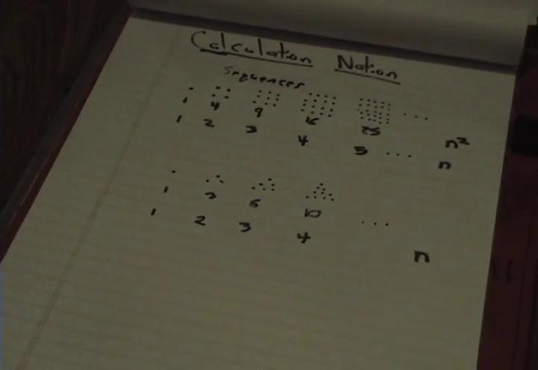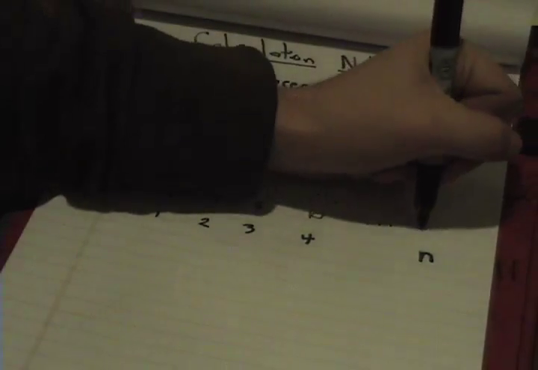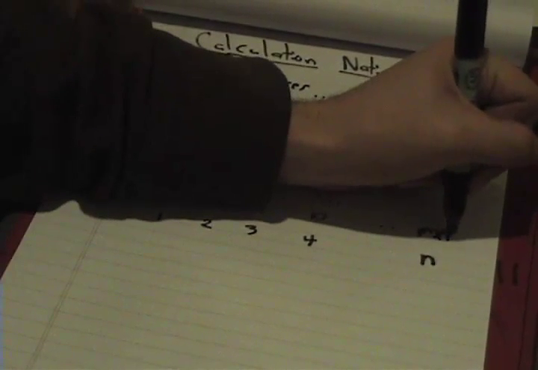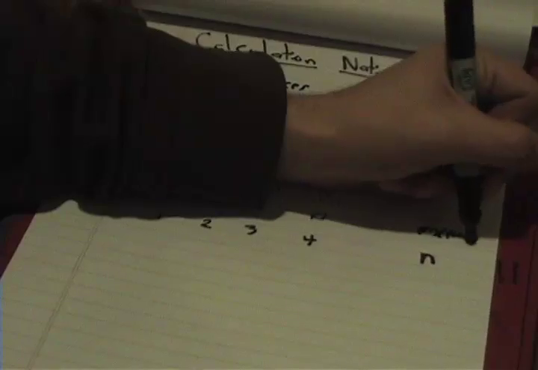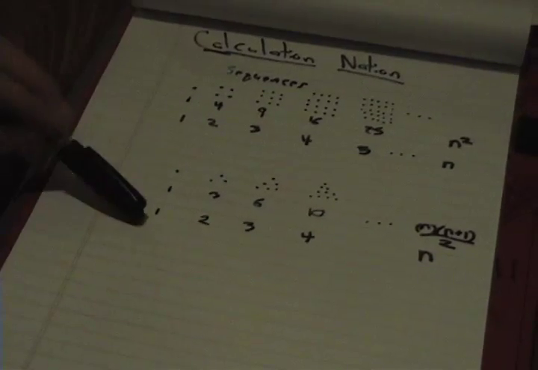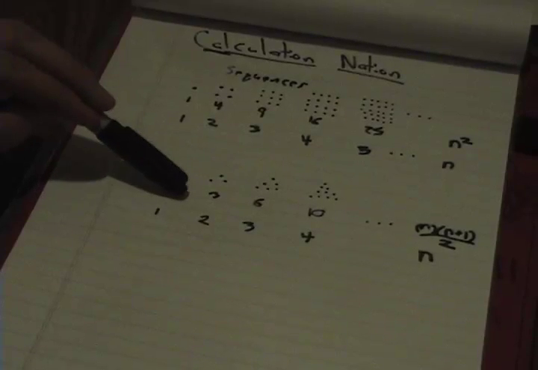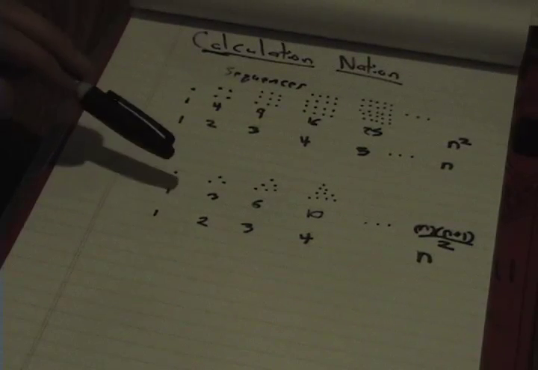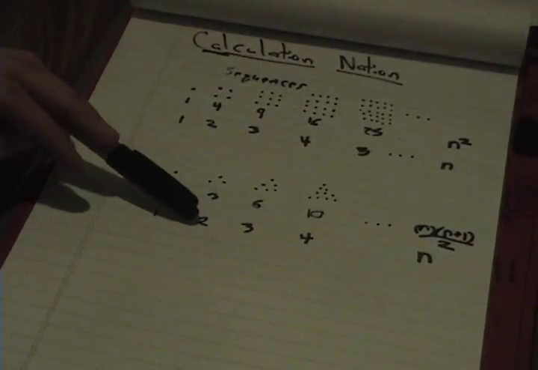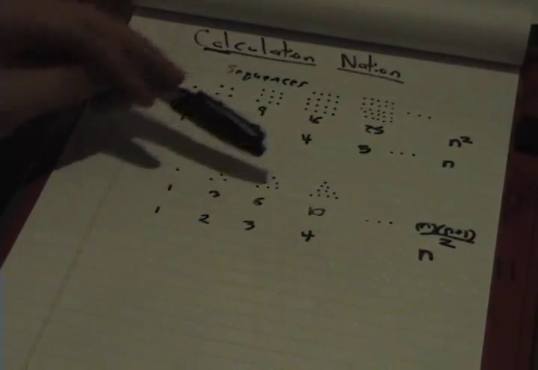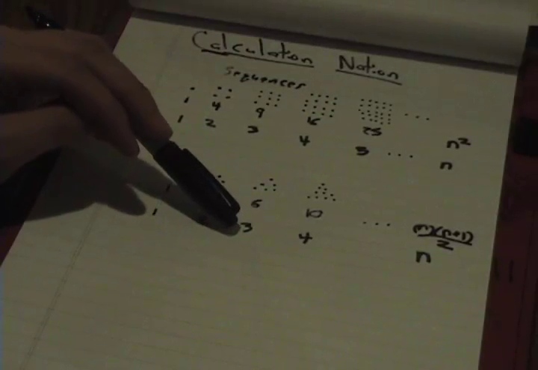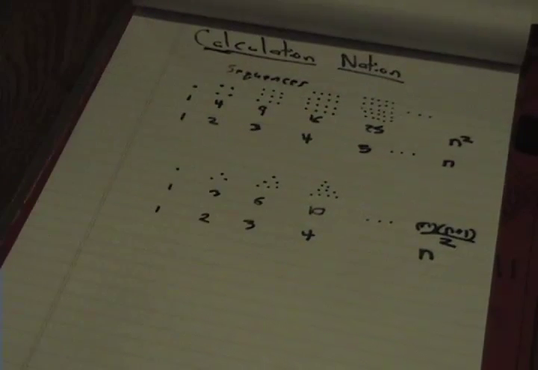It does take a while to figure this one out, but basically you take n, multiply it by n plus 1, and divide that by 2. So here we've got 1 times 2 over 2, which is 1. Here we've got 2 times 3 divided by 2, gives us 3. 3 times 4 divided by 2 is 6.